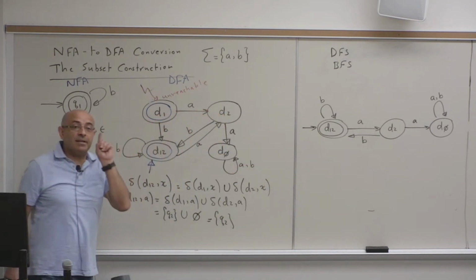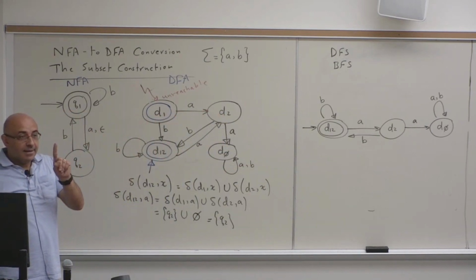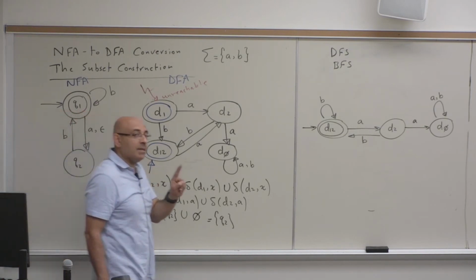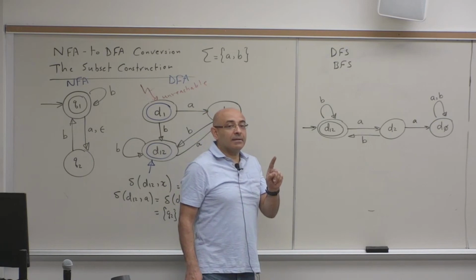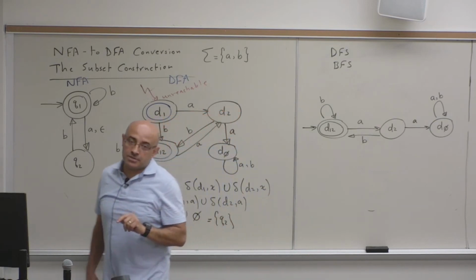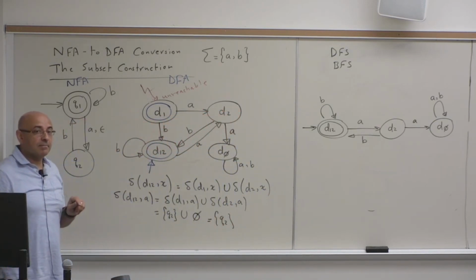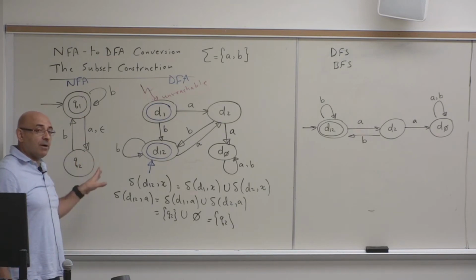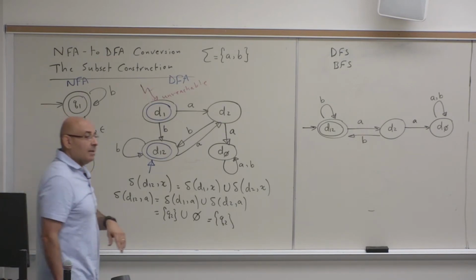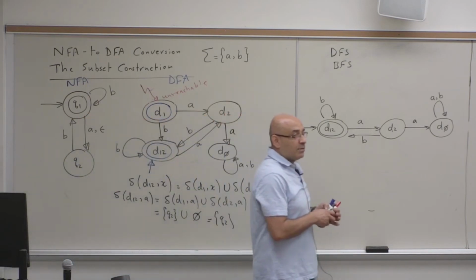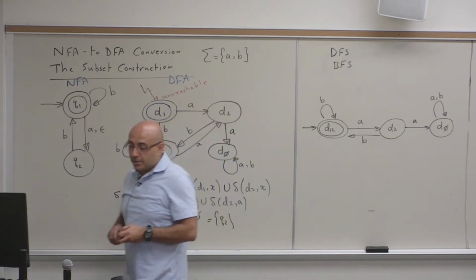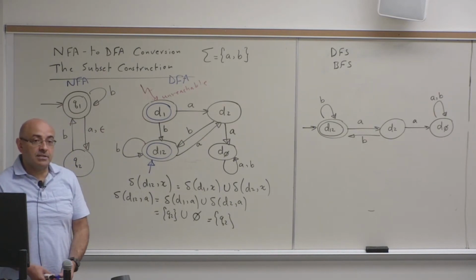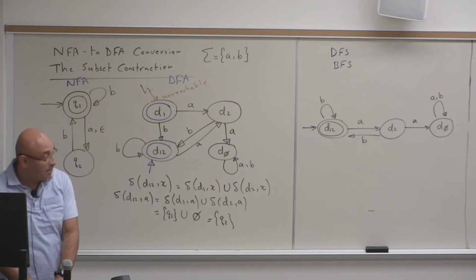If you can find at least one string that is accepted by one and rejected by the other, what would this mean? That there is something wrong in our conversion. They are not equivalent. So you should check for an error in your conversion.